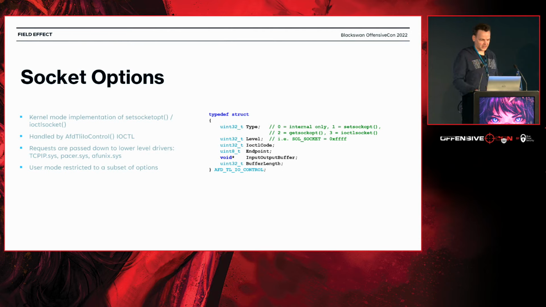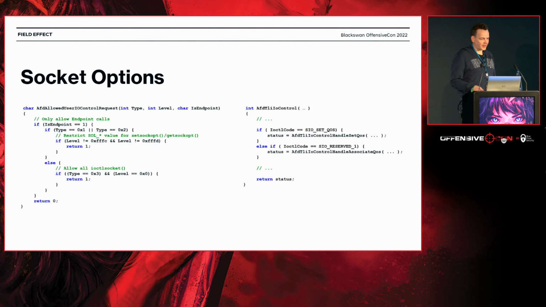In terms of the validation that happens, this function on the left gets called if it's coming from user mode. First of all, it makes sure that the endpoint field is set in the packet, and then it checks the type. The first block, the 1 or 2, was set or get socket options.